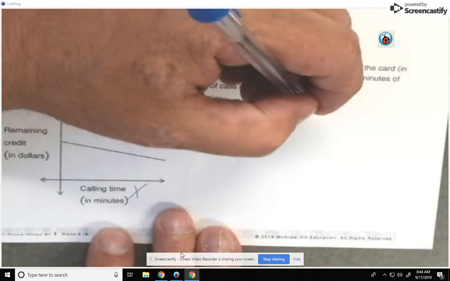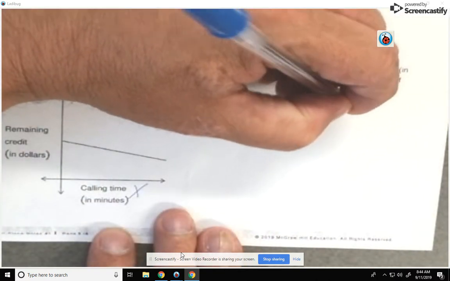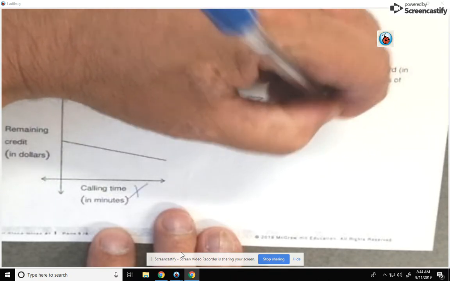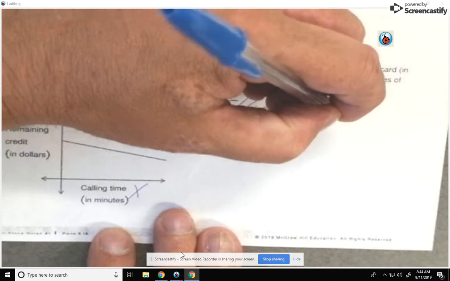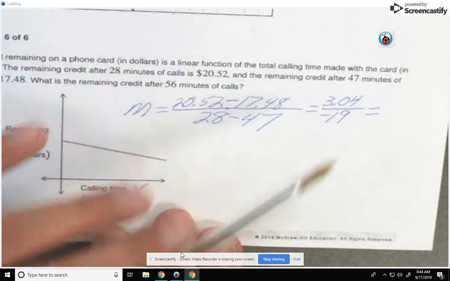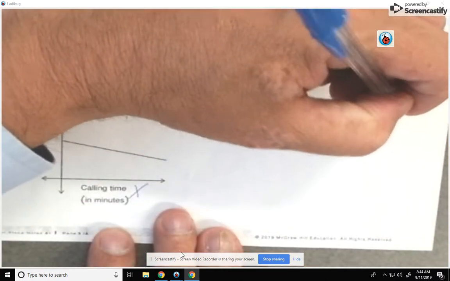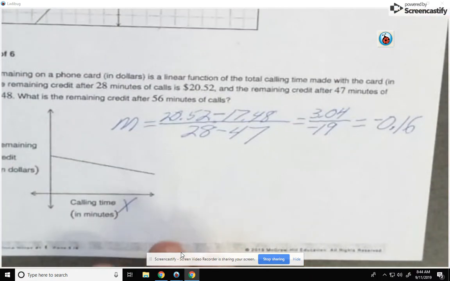On the top, if we subtract these, we get 3.04. On the bottom, 28 minus 47 gives you negative 19. Finally, 3.04 divided by negative 19 gives us negative 0.16.